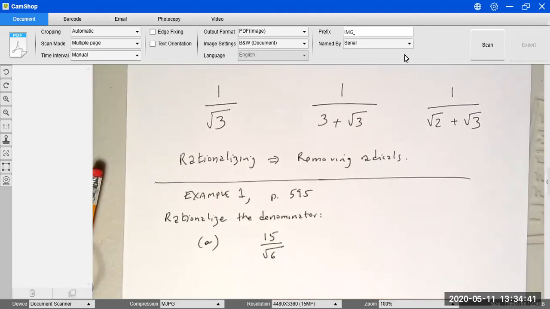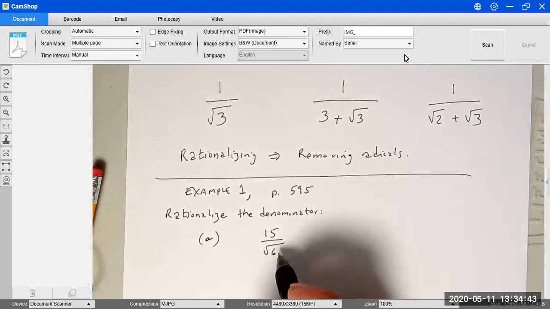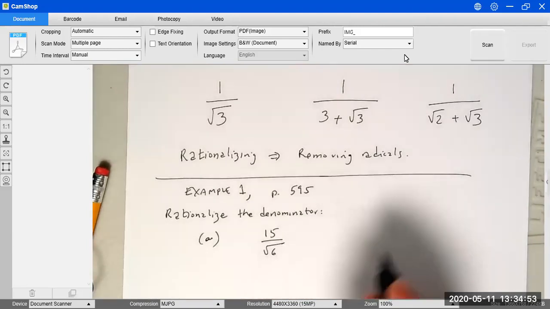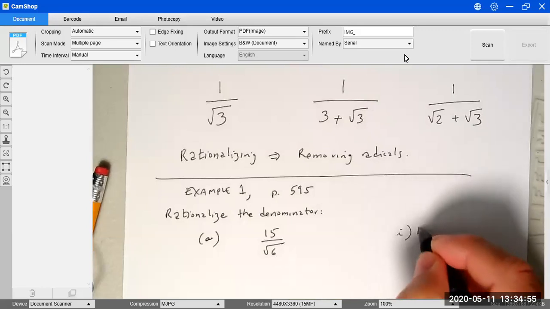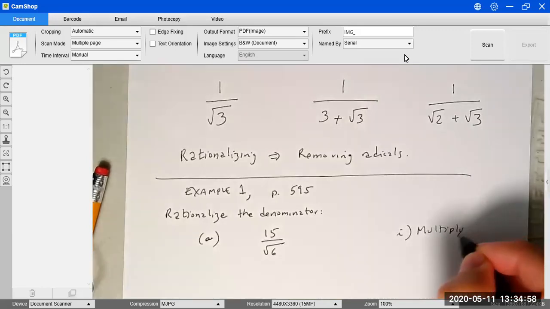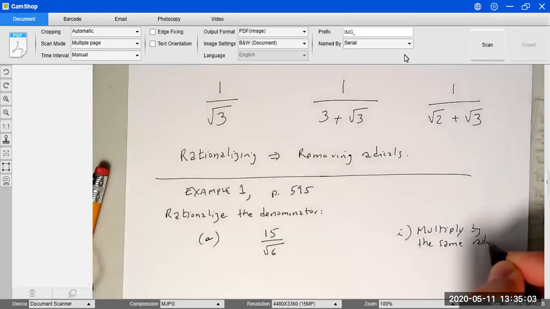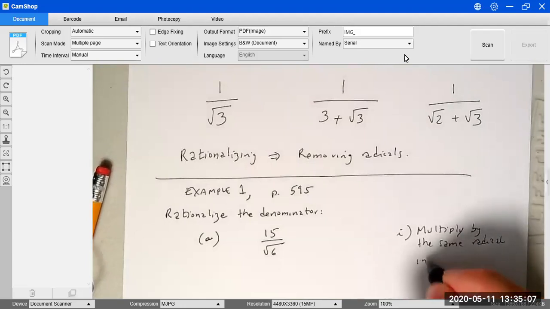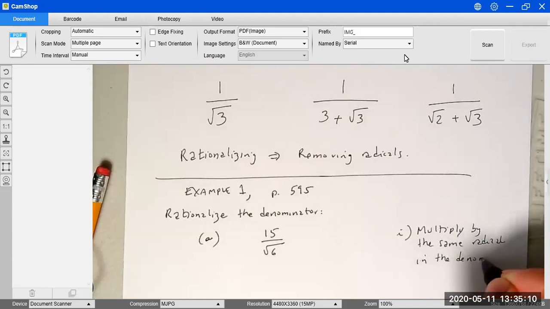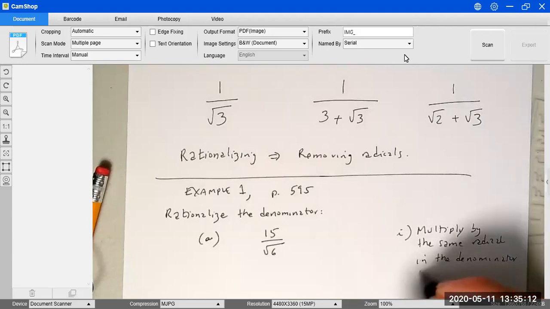We have a radical in the denominator, and we don't want that radical. So one way is to multiply by the same radical in the denominator that you want to eliminate. That's the simplest process.